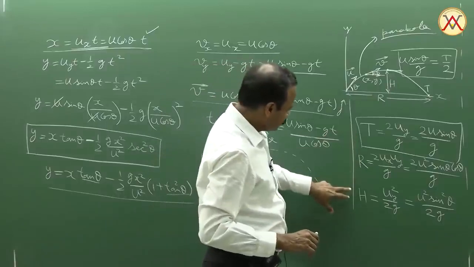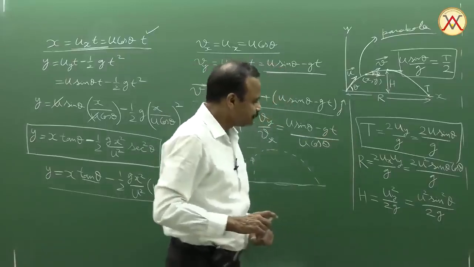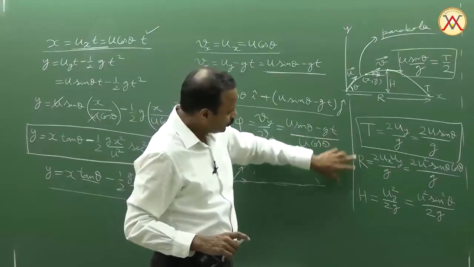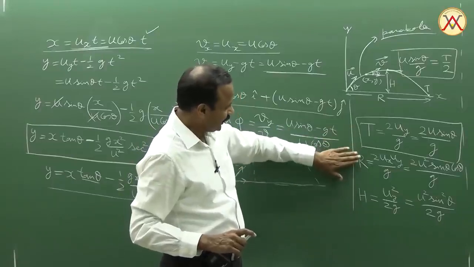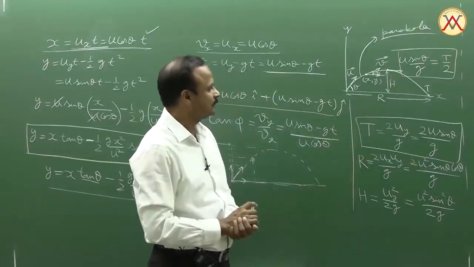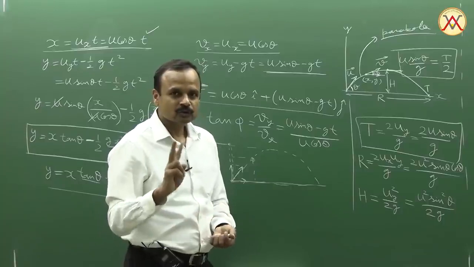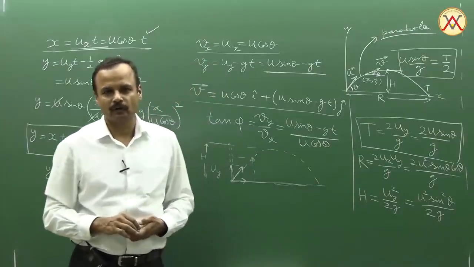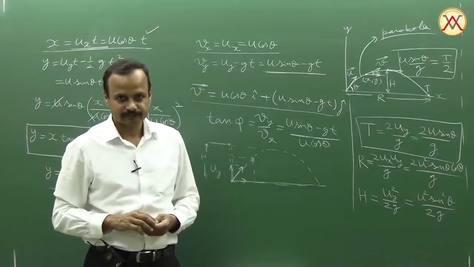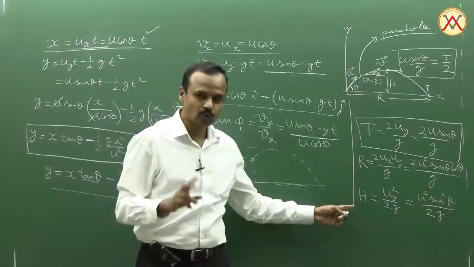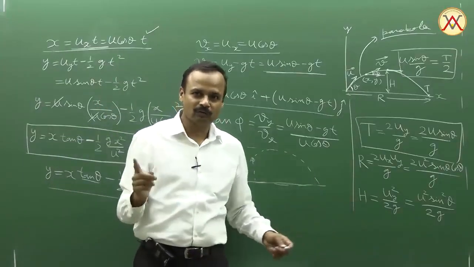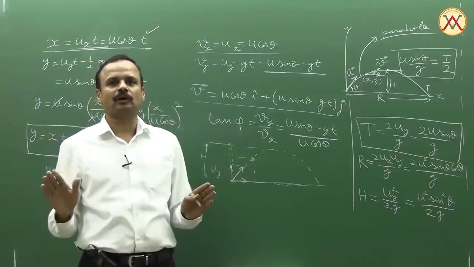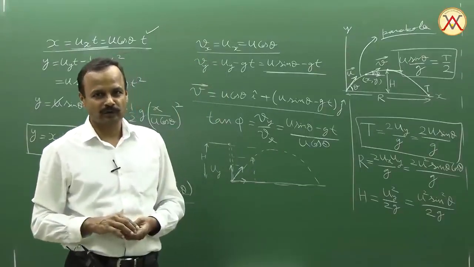Now let's come to these three results here. Out of these three things, time of flight, range, and the maximum height, two depend only on the y component of initial velocity. That means they are not at all affected by the x component of velocity.